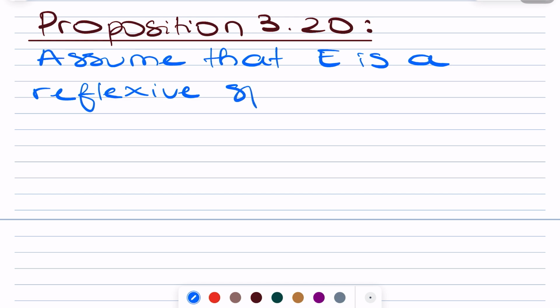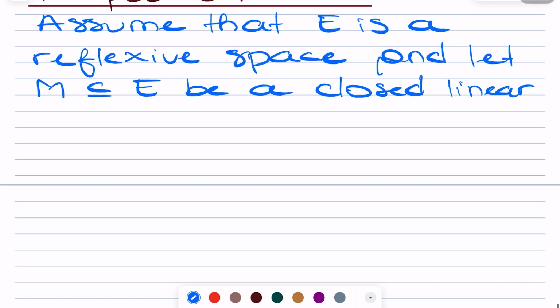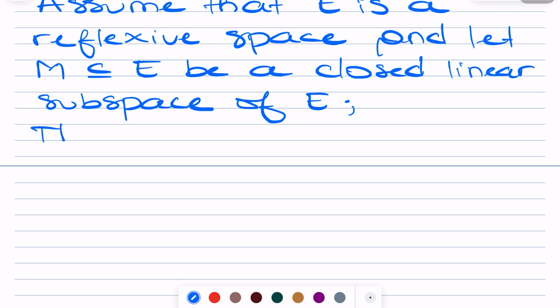So I assume that E is a reflexive space, and let M be a closed linear subspace of E. Then M is reflexive.